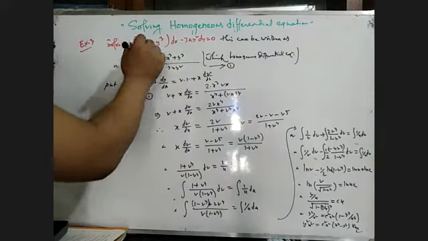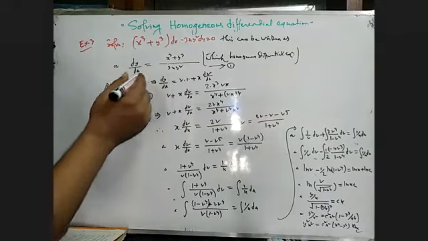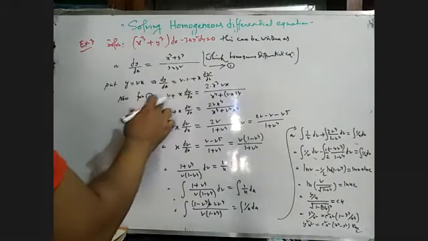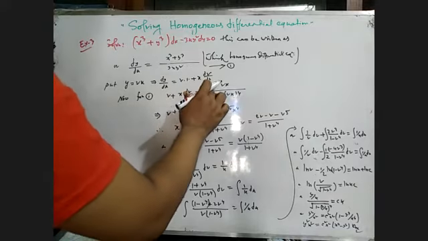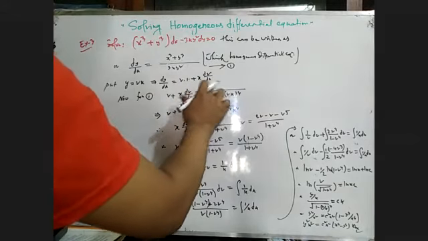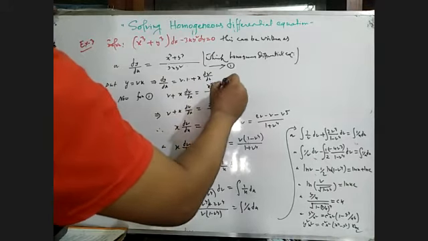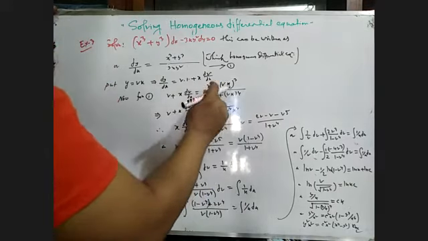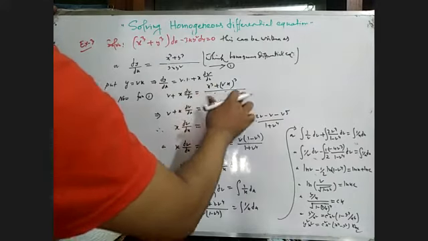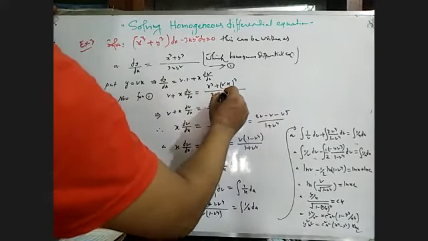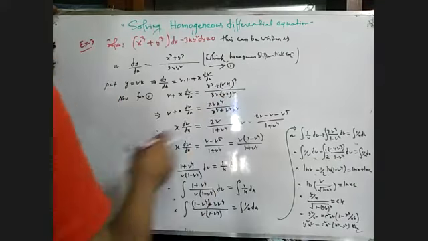After cross multiplication, you get this one. So just putting y equals to bx, dy by dx will be this, and from equation 1 we can write x cube plus bx whole cube, then y square means bx whole square.